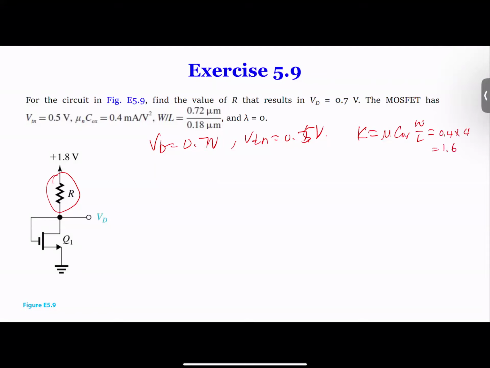So it gives 1.6 milliamp per volt. So that's K. And because the drain and gate of this MOSFET are connected, it is in saturation.